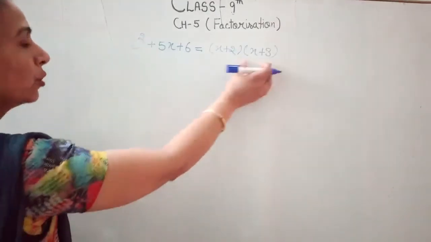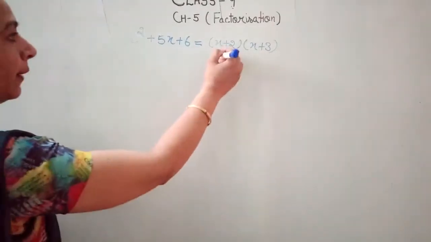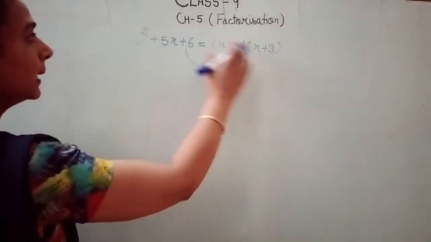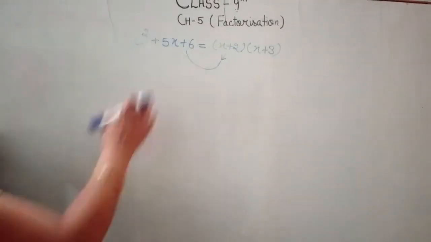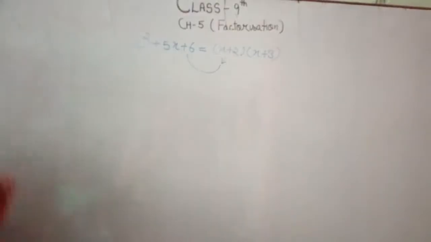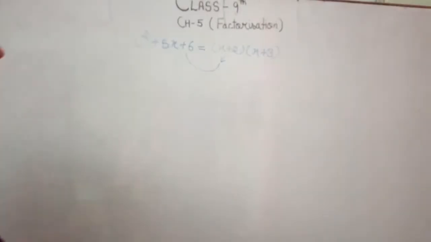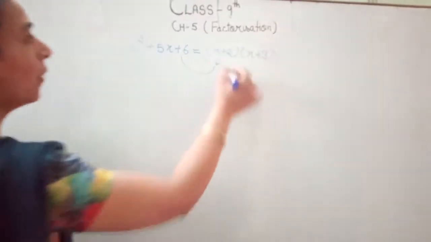Then x plus 2 and x plus 3 are the factors of this expression. So these are the factors, and if we write it in product form, then this is factorization.